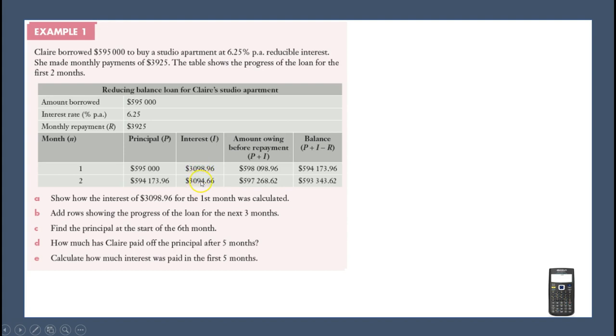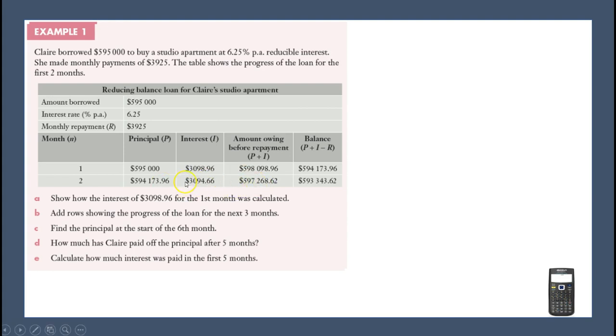The amount of interest charged now is less. It's only slightly less, but the fact is it is less, and that is why we'll have a fairer situation than with a simple interest and no reducing balance loan.